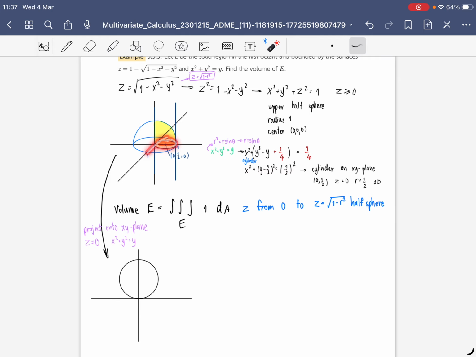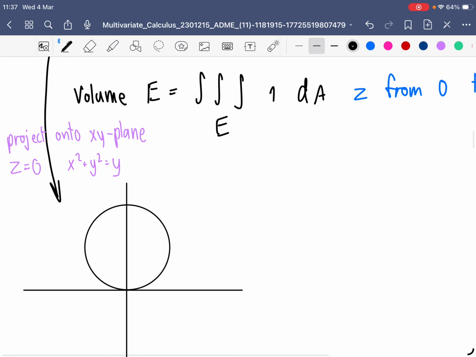So it's 1 right here. This is your region in 2D.